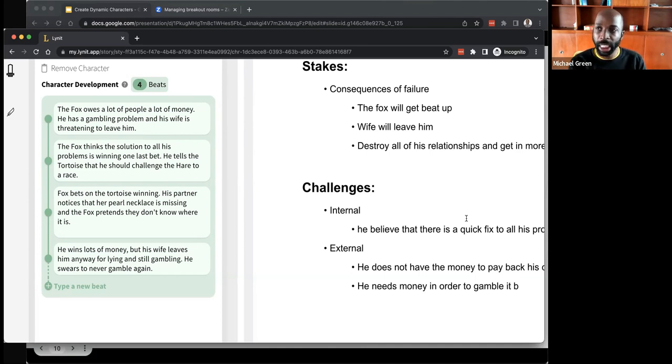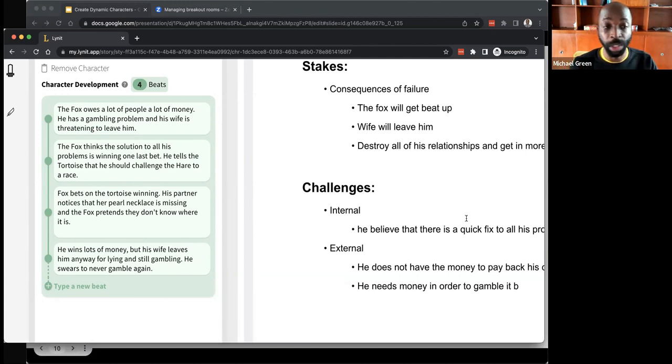So really, we would have to get all this information pretty much in the beginning, at the introduction of the fox, so that there's nothing deeper that we get, right? We can see more examples of him lying, more examples of him gambling, or more examples of him thinking there's a quick fix, but we're not getting any additional nuance, right?